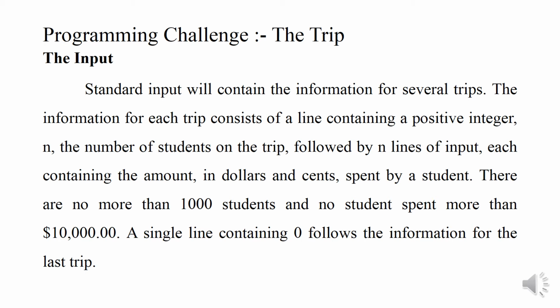Each line contains an amount in dollars and cents, which is what will be spent by the student. There are no more than 1000 students and no student spends more than $10,000.00, where 10,000 is dollars and 00 is cents. A single line containing 0 follows the information for the last trip.